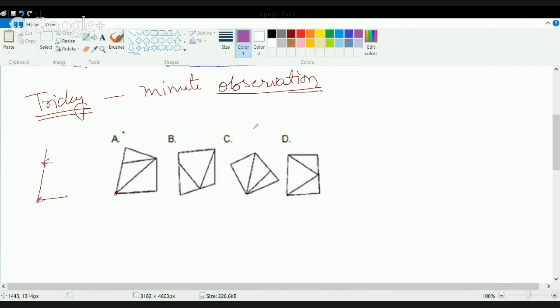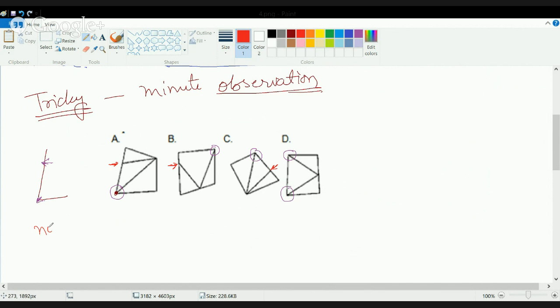Here again, all those points which are touching on the vertex, I will circle those. Okay. So here there is a vertex, here there is a vertex, here there is a vertex, and here there are two vertices. And here it is touching onto the center of the line, and again the center of the line.